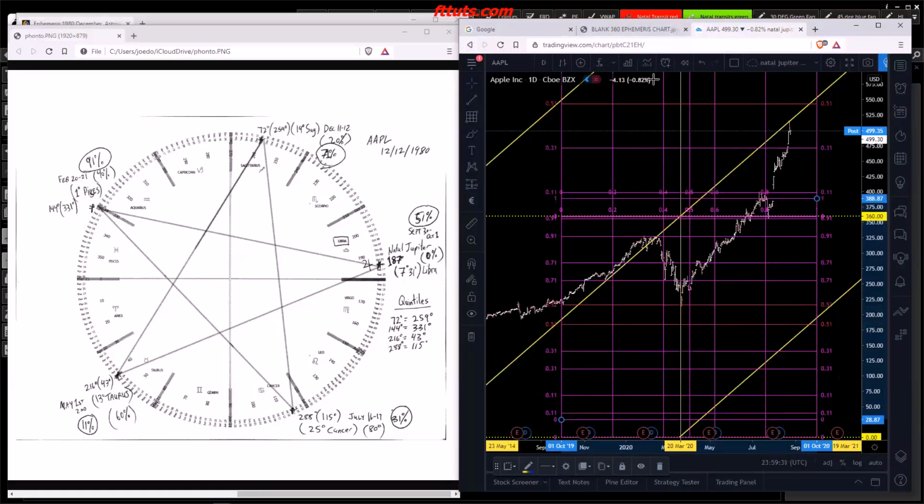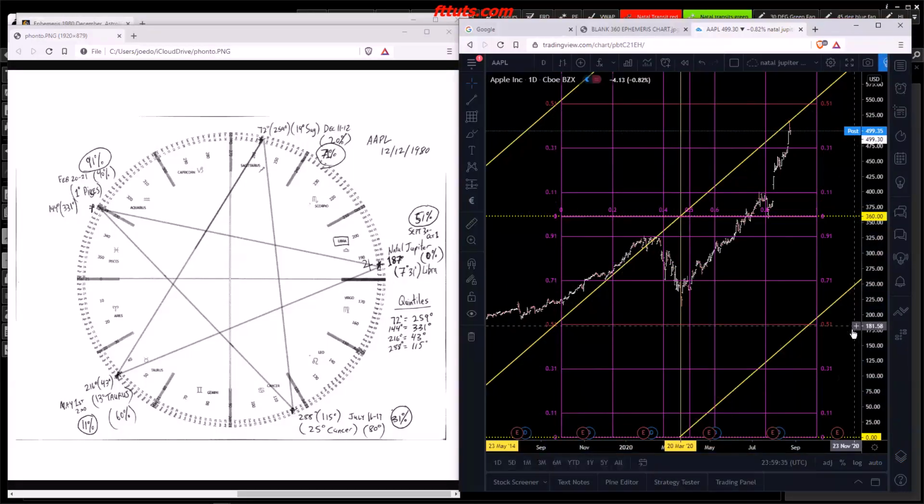Oh, I've got a separate box, I see. Sorry, let me clarify everything here. So 51 degrees, I'm just going to keep it at 51, but you realize, 51, 52, about $183 to $187. Tiny little range.